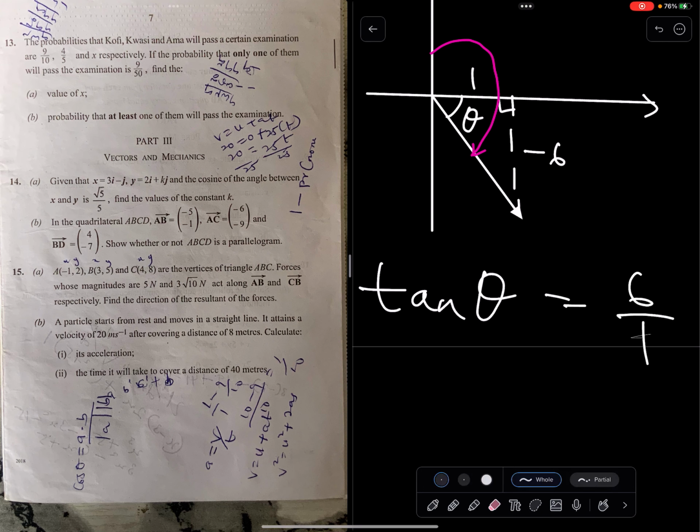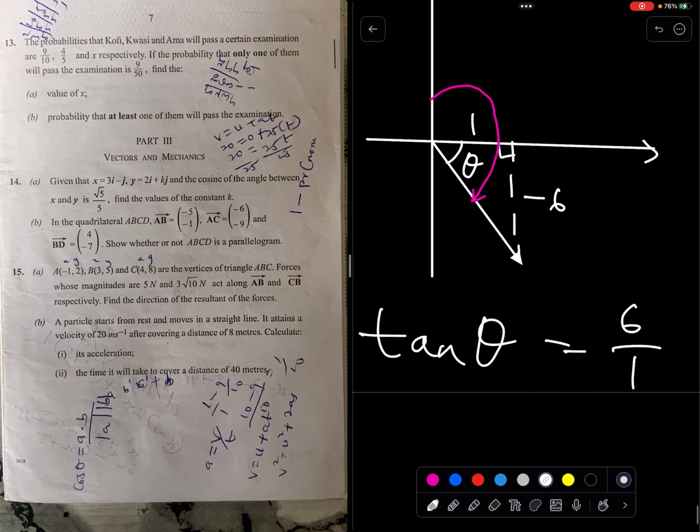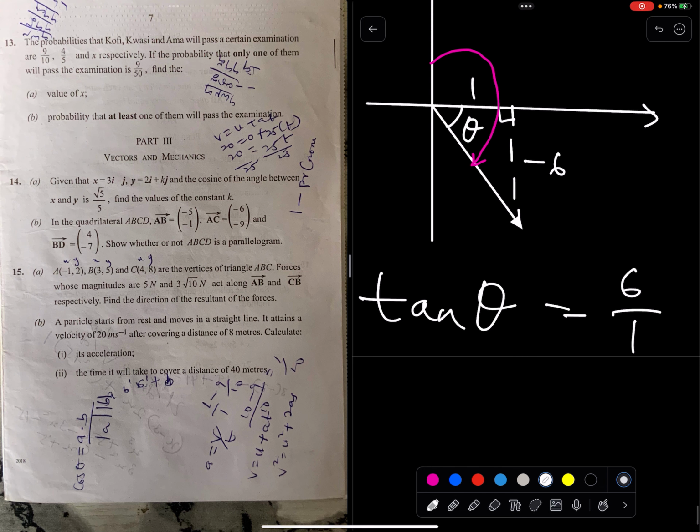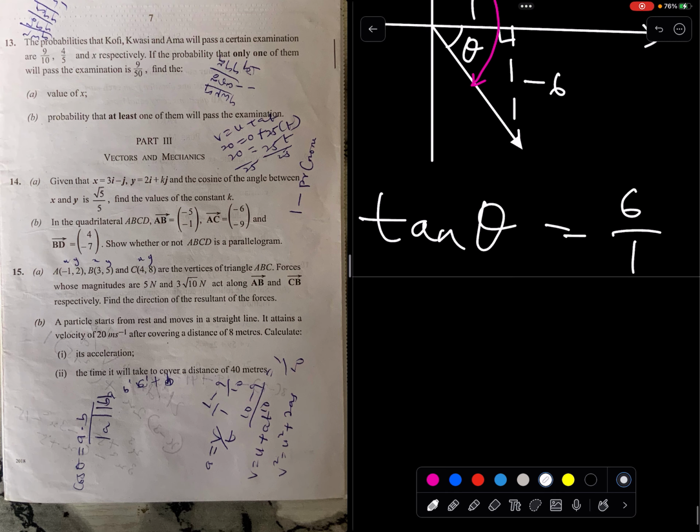You don't need to put the minus sign. That's just to show the vertical component of the resultant. It will let you know whether it will be on the positive y-axis or on the negative y-axis.